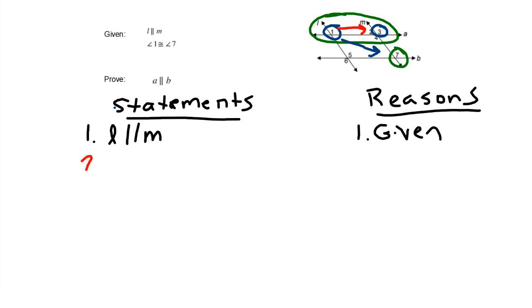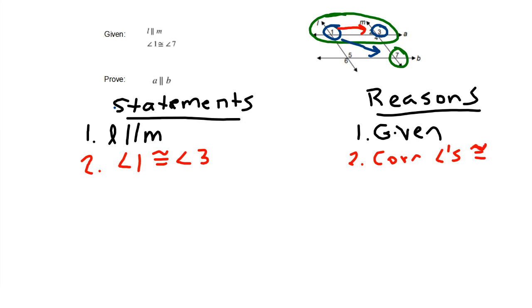So my second statement can be that angle 1 is congruent to angle 3, and that's by corresponding angles. And that's a perfectly good reason, and that's a congruence.